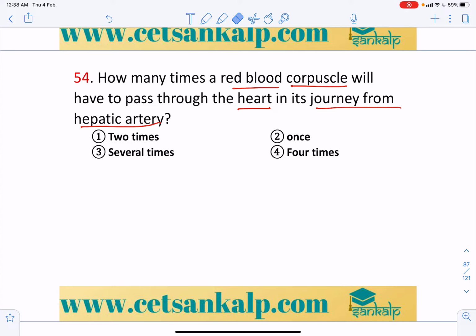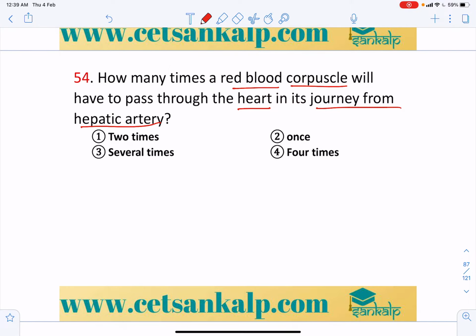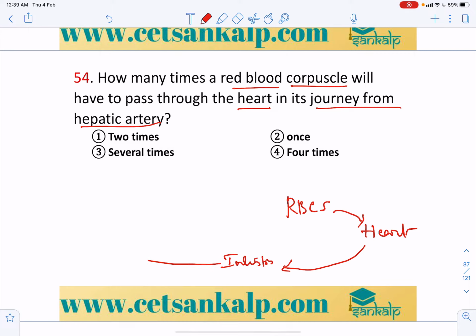First, the RBCs pass to the heart, and then from the heart to all body parts, and then to the intestine. The digestive tract is connected with the liver, so it will collect deoxygenated blood, and once again it will come, right?